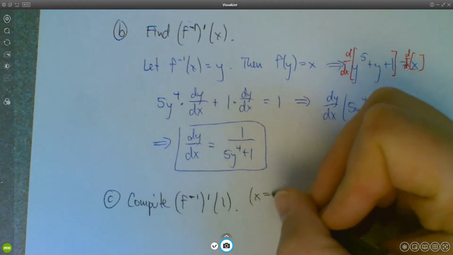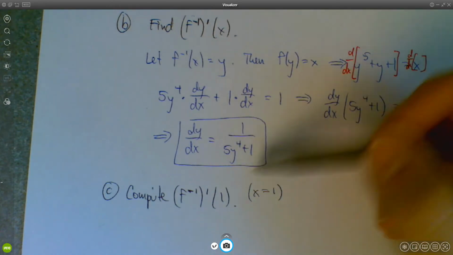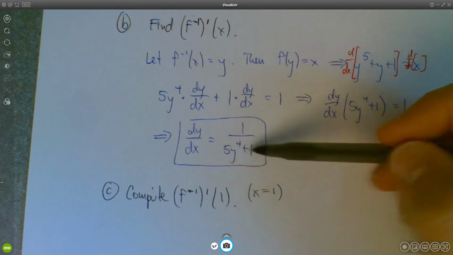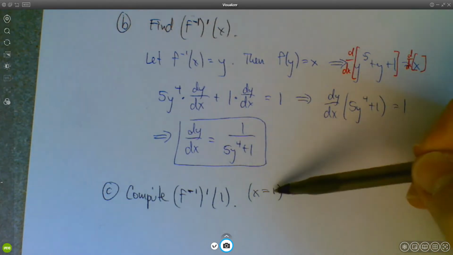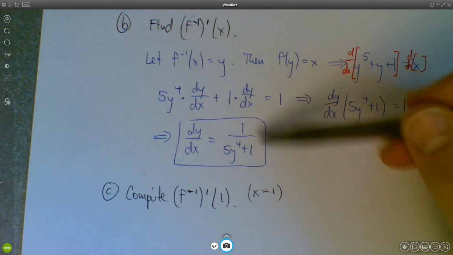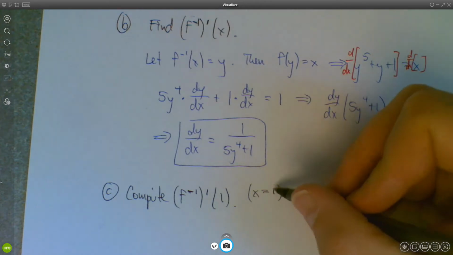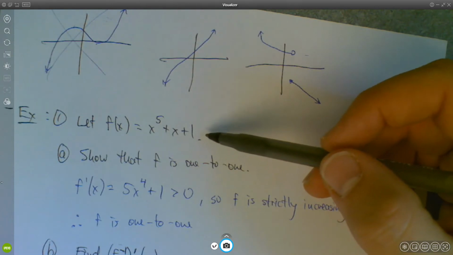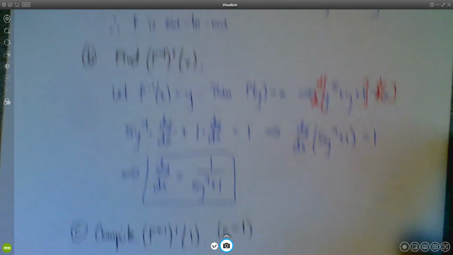But the formula that we got for the derivative is given in terms of y, right? So we're not necessarily going to be plugging in 1 to this formula. We have to figure out what y value corresponds to an x value of 1, right? And to do that, we look at the original function, okay?